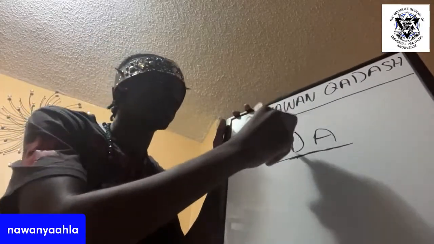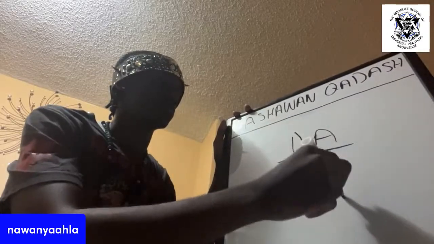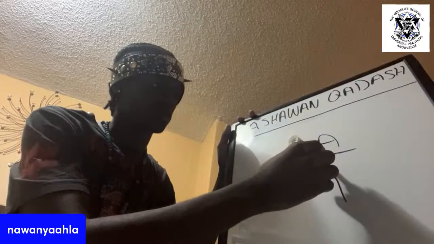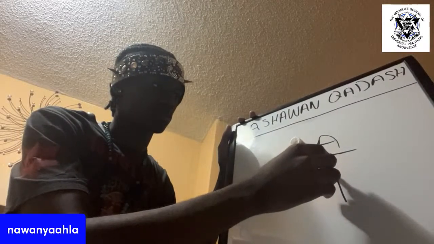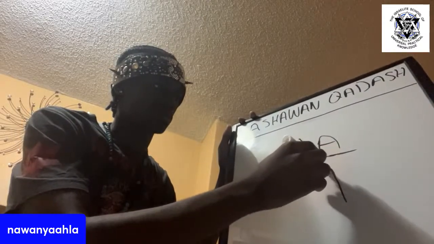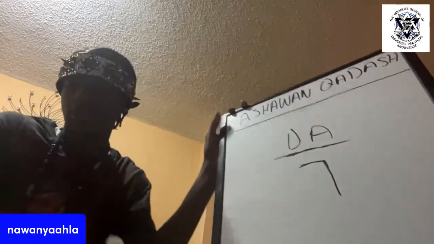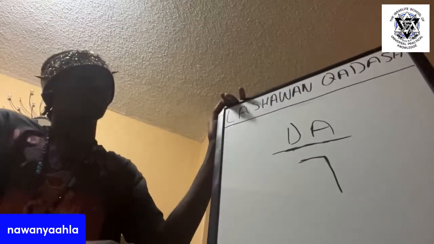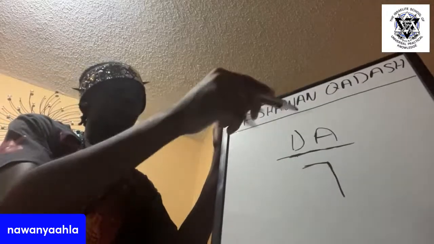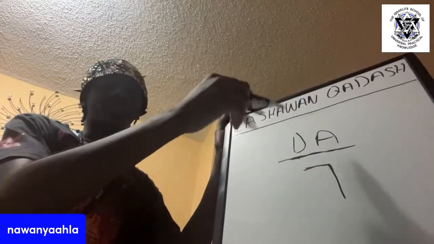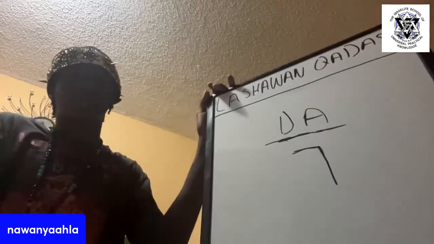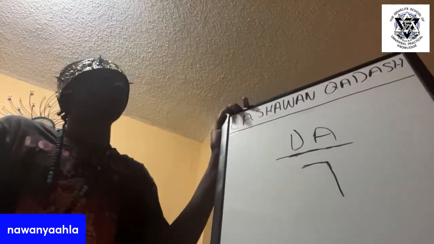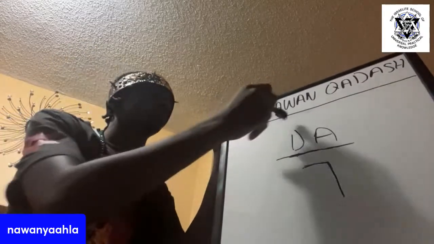So we got the Da. It doesn't have no curve at the top. It's just a straight line going across, straight line going down. And that's the Da right there. And the Assyrian Hebrew, no curves.